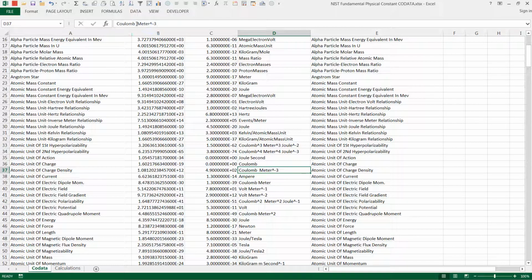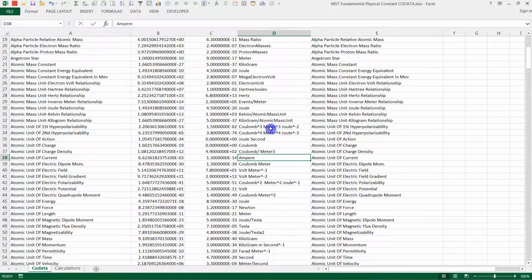This one is going to be coulombs cubed, meter cubed per joule squared.